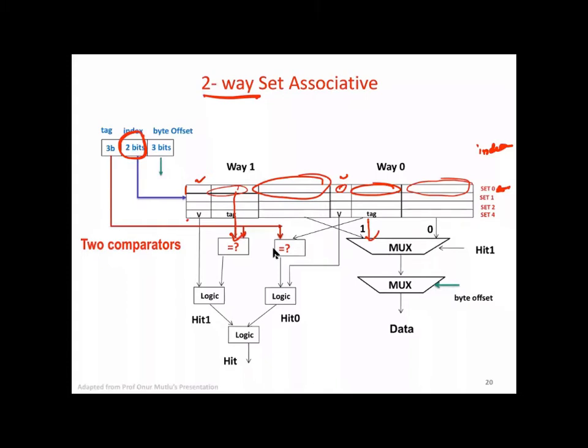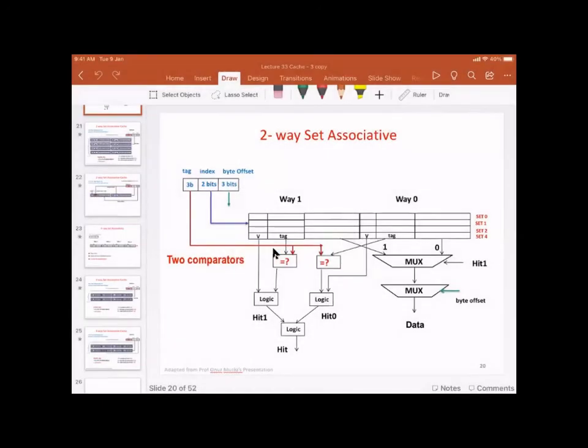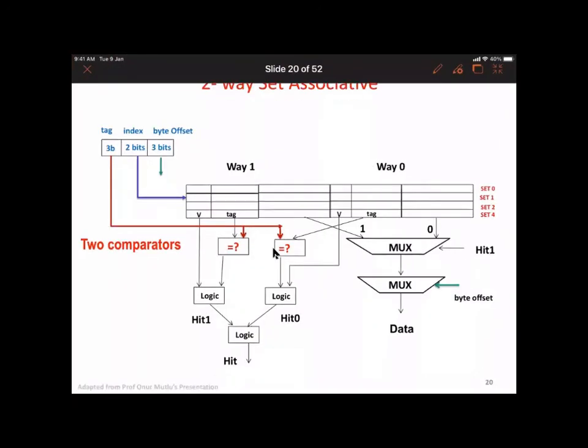Both tags will be read, and then matched with the tag that comes from the CPU. Sorry, the tag is coming here. Let me just clean it up again. I didn't see that line.